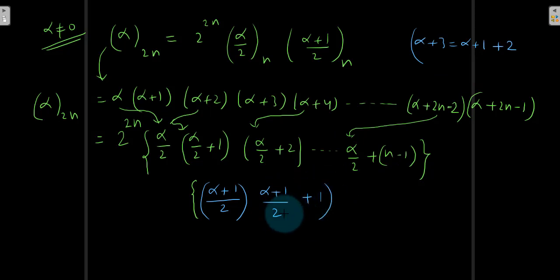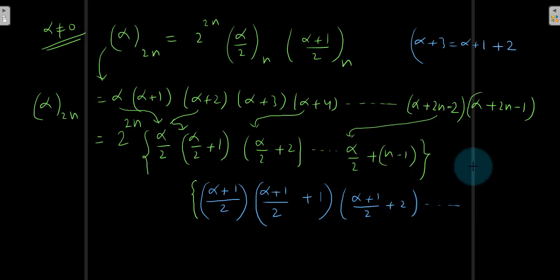Now the next term will be alpha plus 1 divided by 2 plus 2, and similarly the last term: if you add 1 here, you have to subtract 1 also, so you will get alpha plus 1 divided by 2, and this will be 2n minus 2 divided by 2, so you will directly get n minus 1.